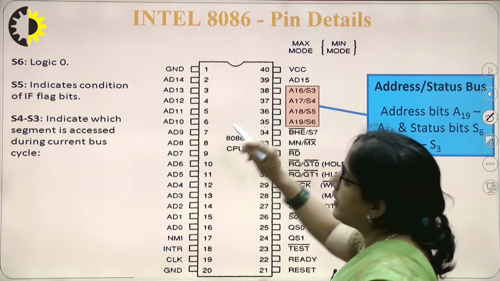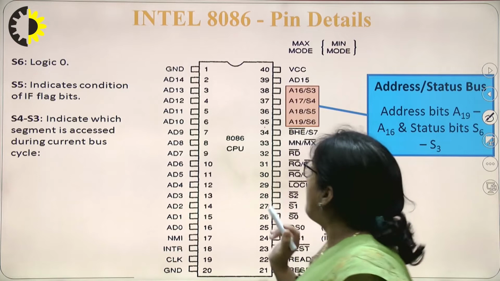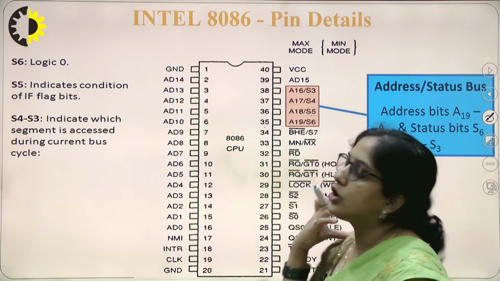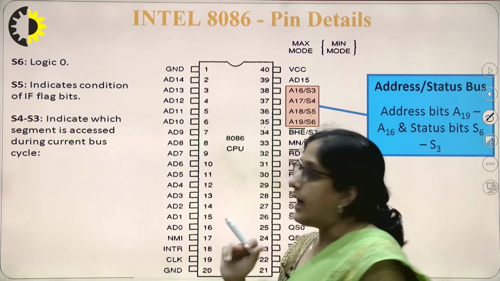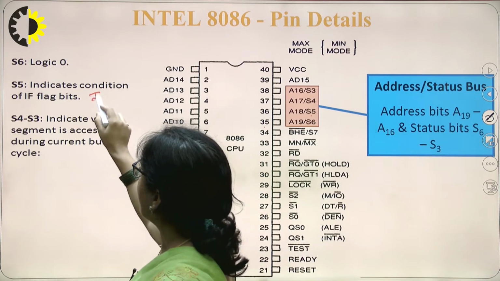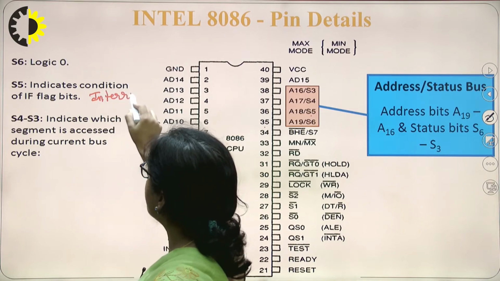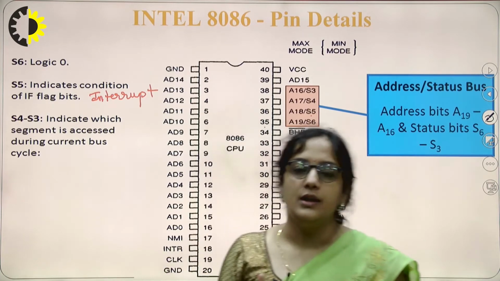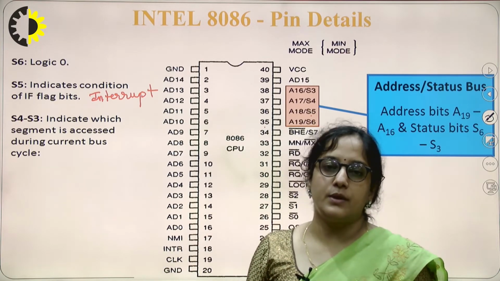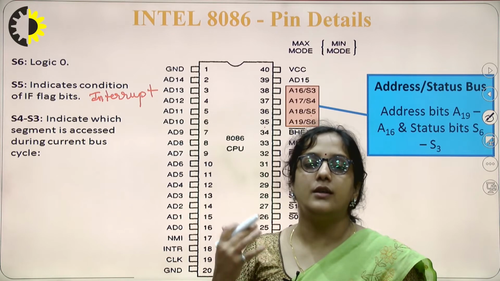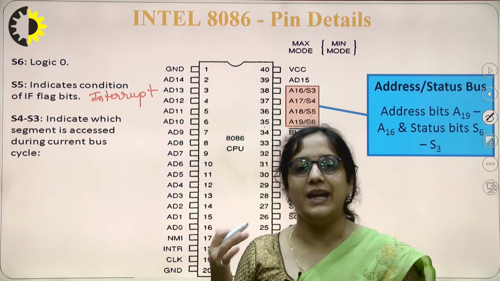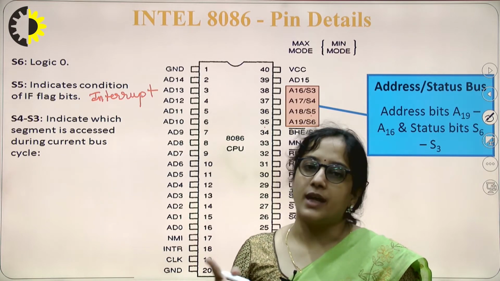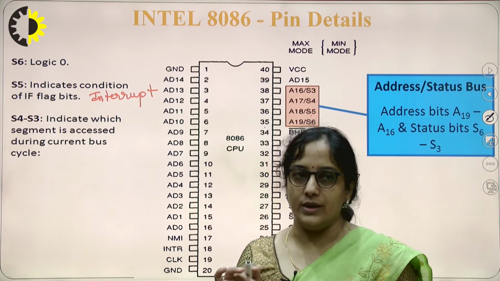Pin number 35, S6, is always logic 0. Pin number 36, S5, indicates the condition of the IF flag, the interrupt flag. We have seen this in the flag register. If this flag is 1, then only an interrupt can ask for its service routine to be executed by 8086. If this bit is 0, then no interrupt can be serviced by 8086.